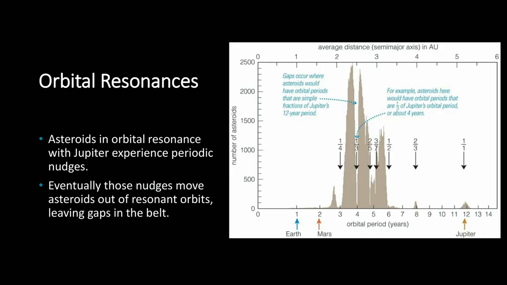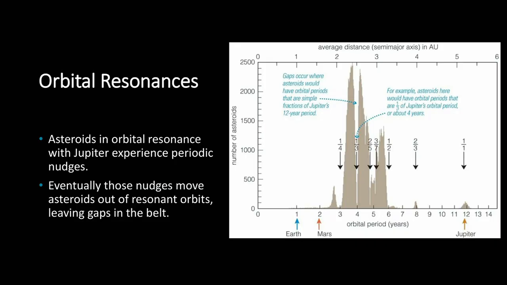So the asteroid will orbit 4 times and Jupiter will orbit once. That means that at some point the orbit of that asteroid and Jupiter will line up such that it's feeling a strong gravitational pull from Jupiter.